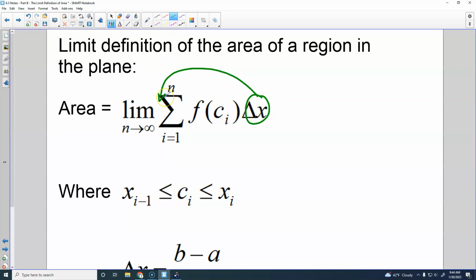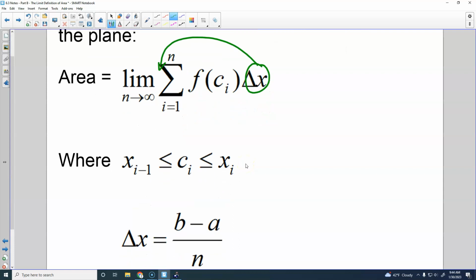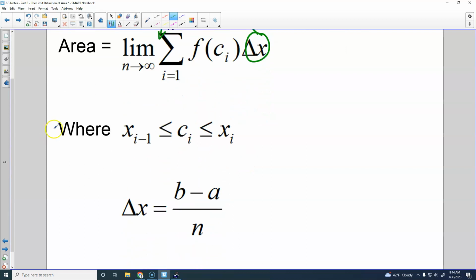And then we pull that out there. So your interval is always the length of your interval divided by n. So like on that one, we were going from 0 to 2, and we divided that by n. So we had 2 over n. If we were going from 0 to 10, we do 10 over n as our length of our interval.